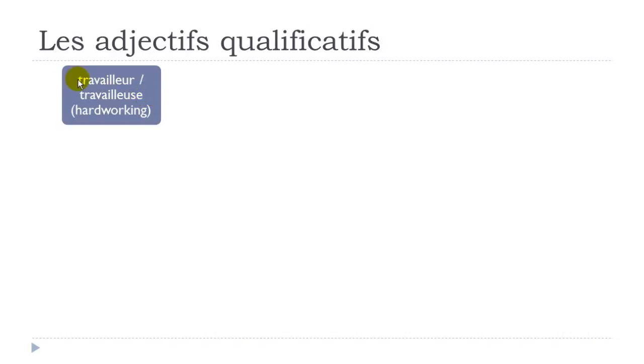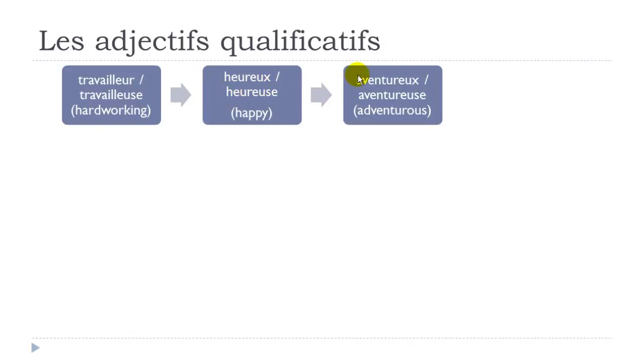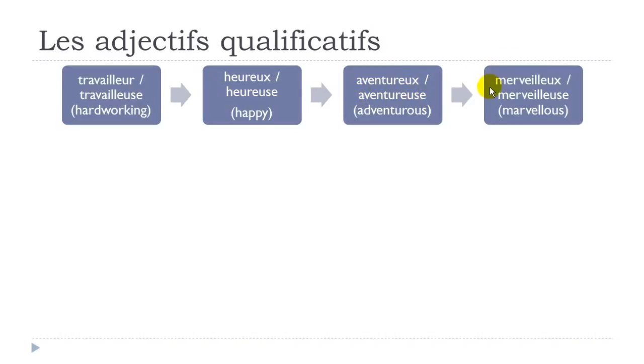Okay, so travailleur, masculine, so I will always put the first form here at the masculine form and then the feminine form here, travailleuse. Okay, so let's see another example. Heureux, heureuse. Aventureux, aventureuse. Merveilleux, merveilleuse.